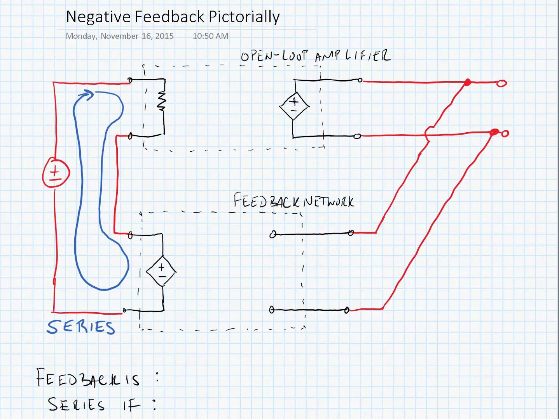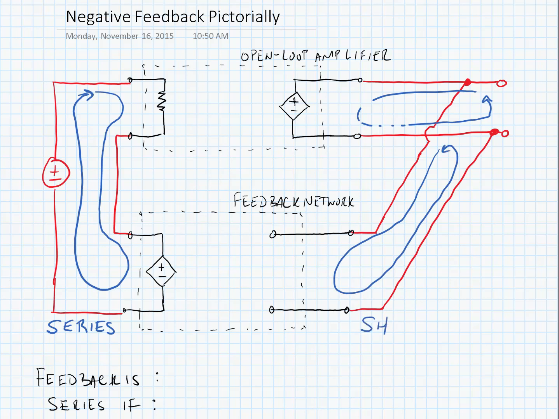In other words, a completed circuit can be formed either by going through this amplifier path or through the feedback path. Either will complete the circuit. So this is called a shunt connection because they're in parallel. Again, we can place this at either the input or the output.